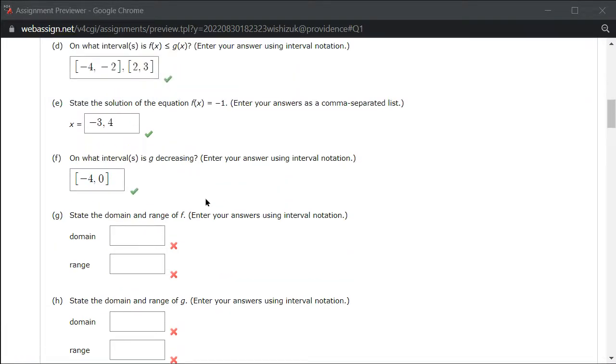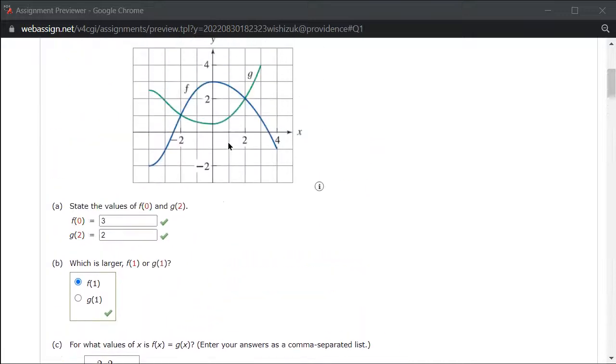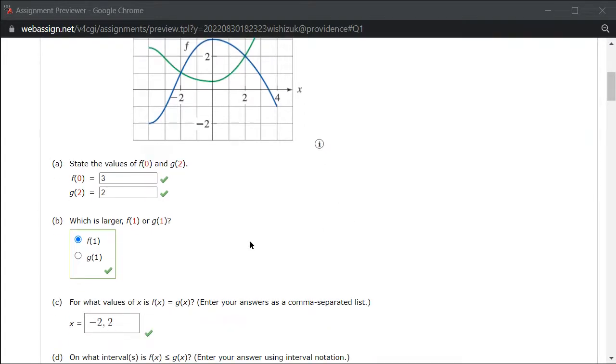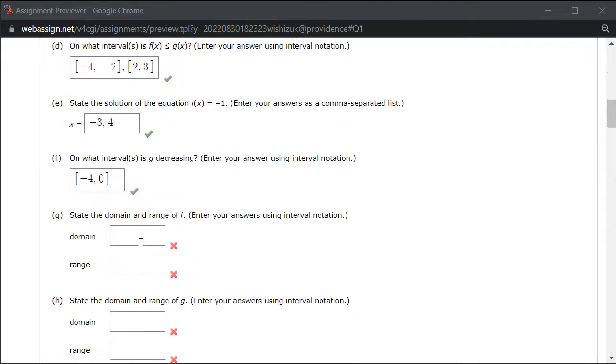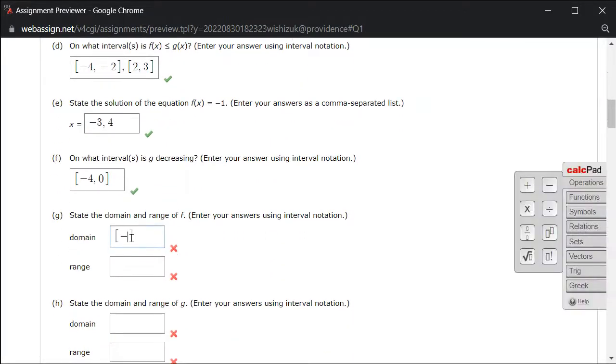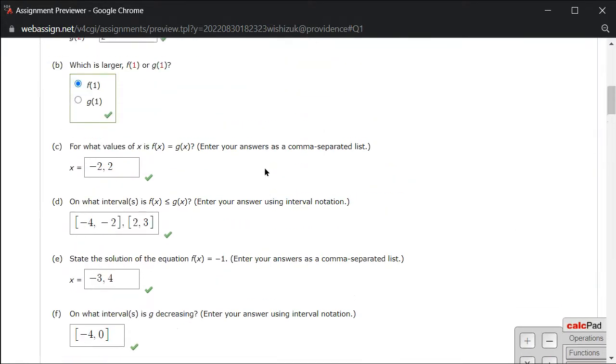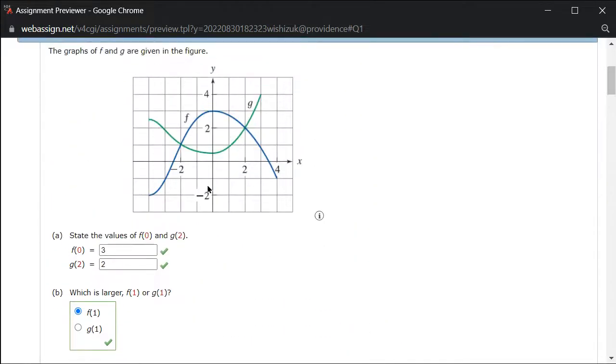Let's look at part G. We want to find the domain and range of f. f is the blue one. The domain: it looks like the function starts from -4 and ends at +4. So the domain is -4 to +4. The range is the collection of possible y values.